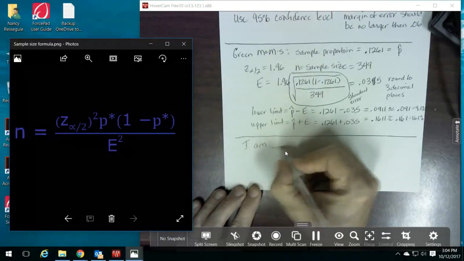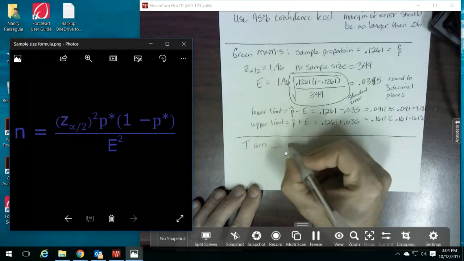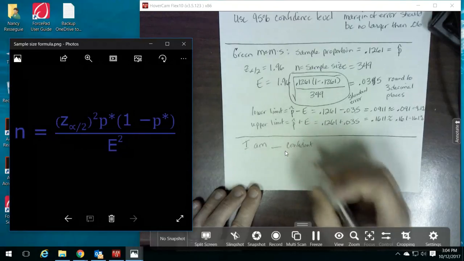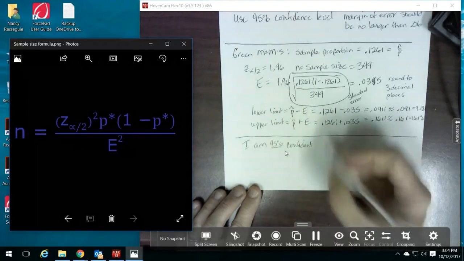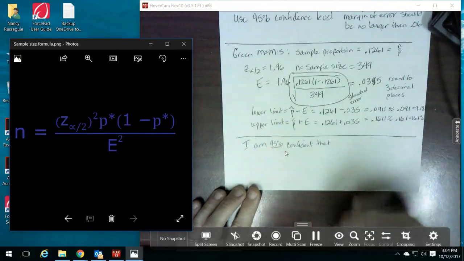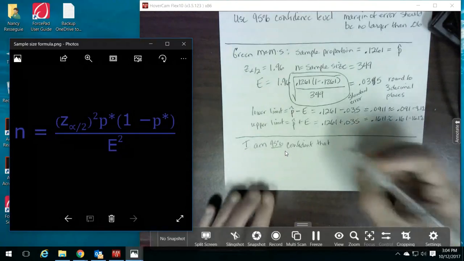It's going to say "I am", and then you put your confidence level in here. So for me, since I used 95%, I would put in 95%. Okay, and then for a confidence interval statement, we want it to be specific about what population we're talking about and what parameter we're trying to estimate.